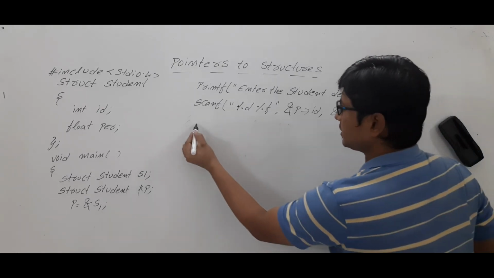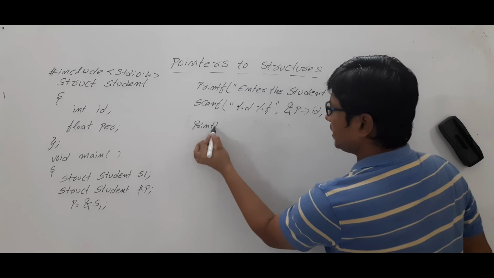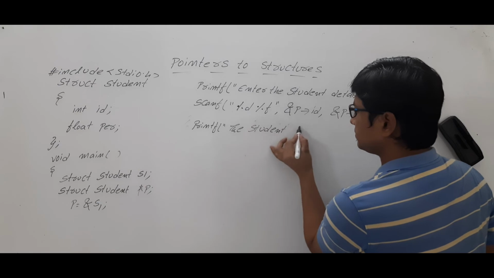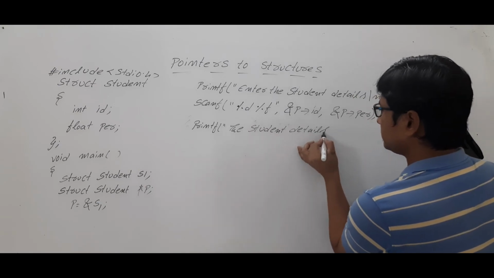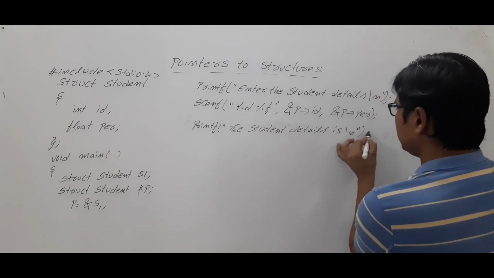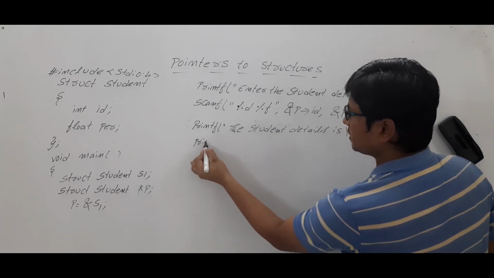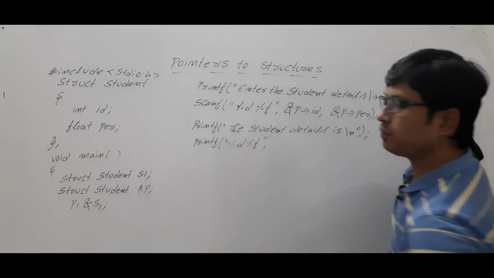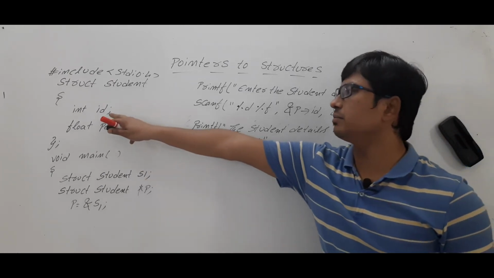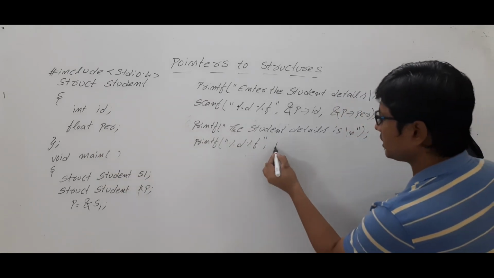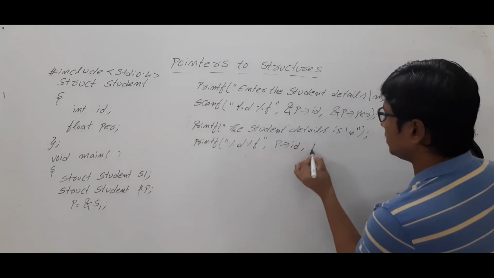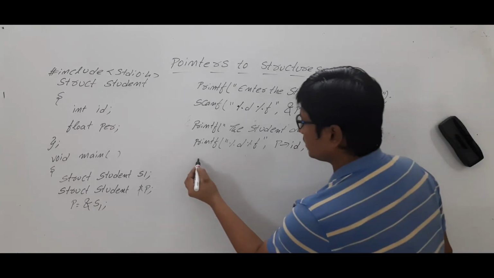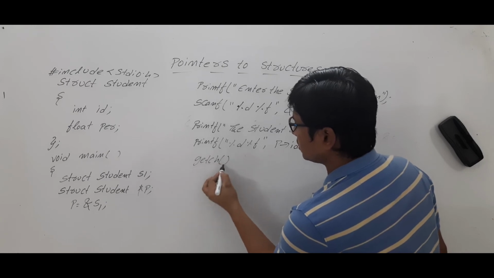So I can write the statement as printf "the student details is \n", then printf "%d %f". Now I want to display the values in the members id and percentage, so I can write it as p->id comma p->percentage. Is it clear? Then I can write getch and close the main function.